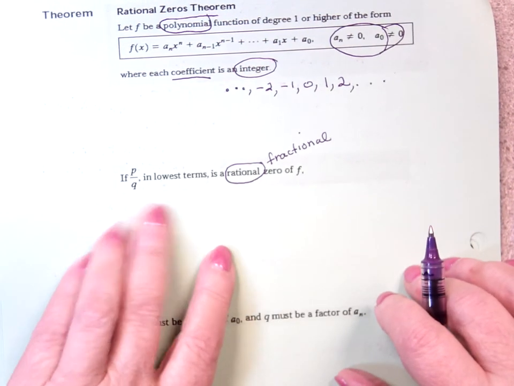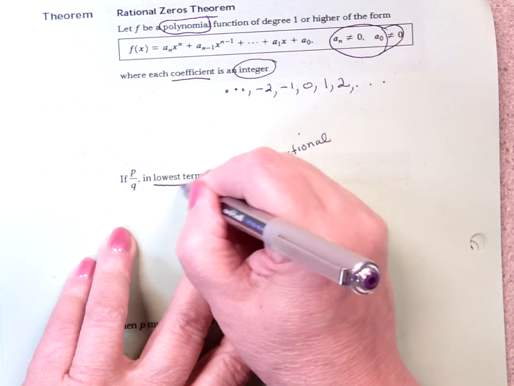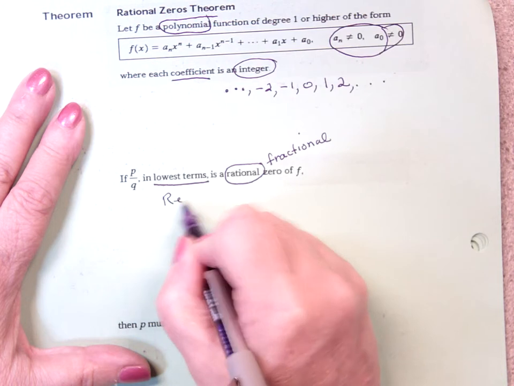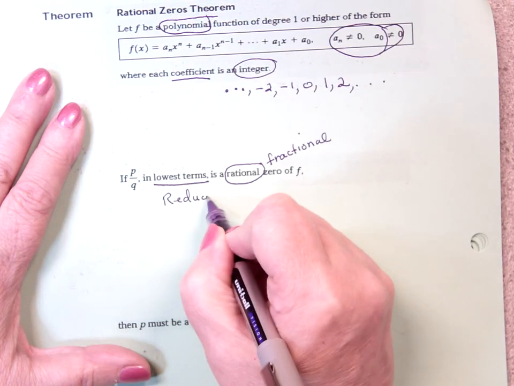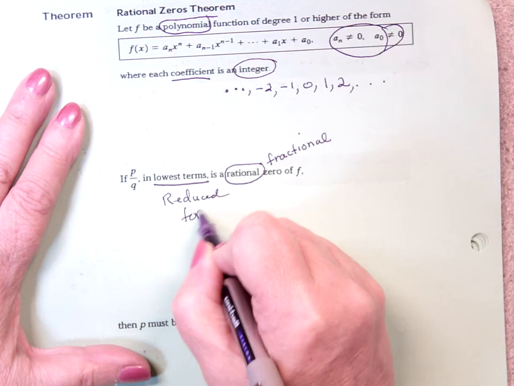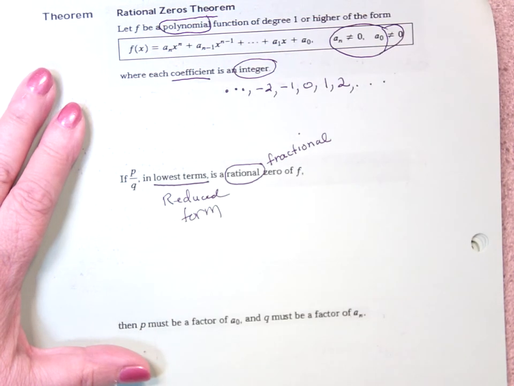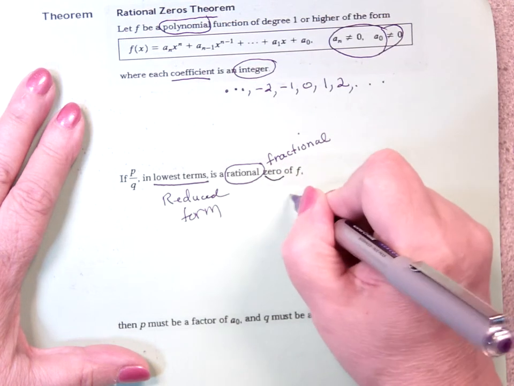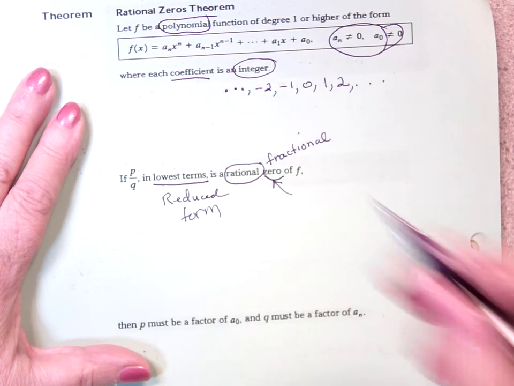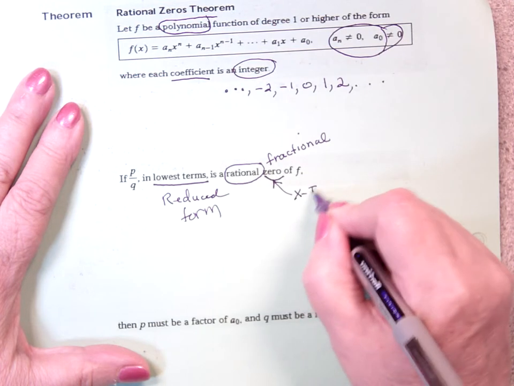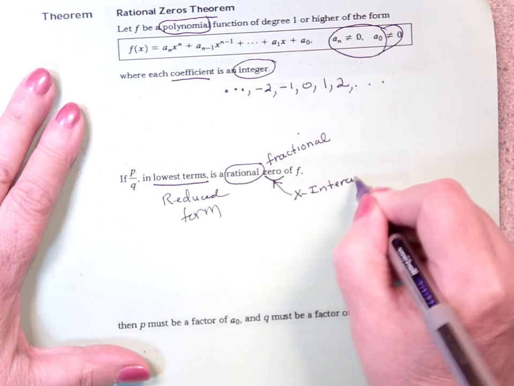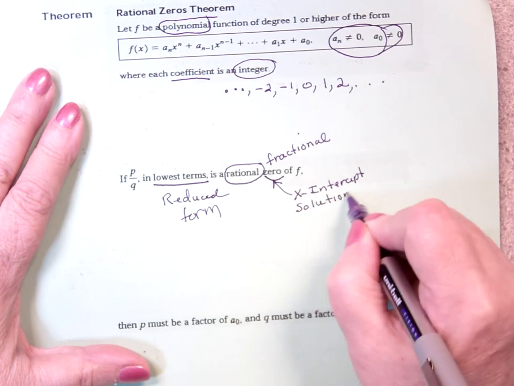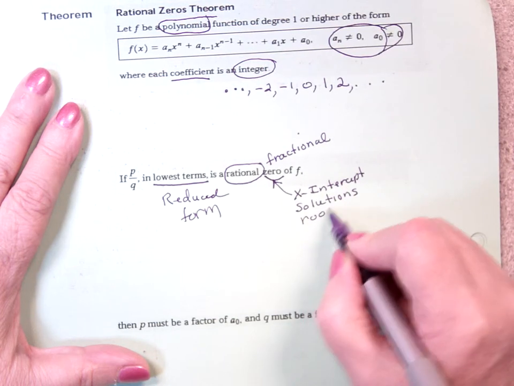If p divided by q in lowest terms, what lowest terms means is reduced form, is a rational zero. When I'm talking about rational zeros, these guys are the x-intercepts, solutions, roots.